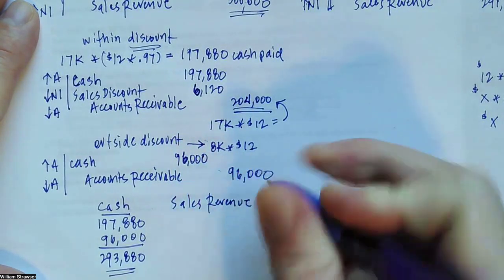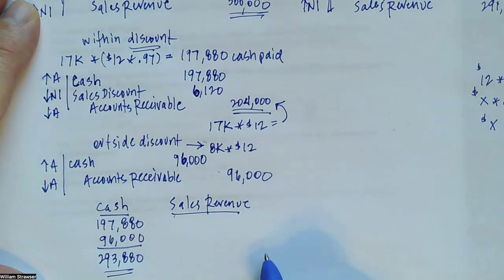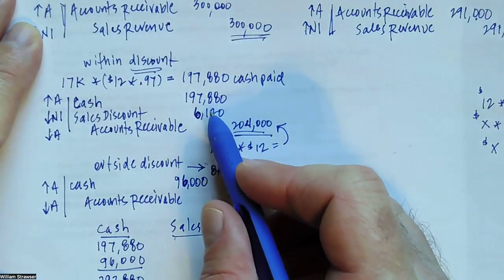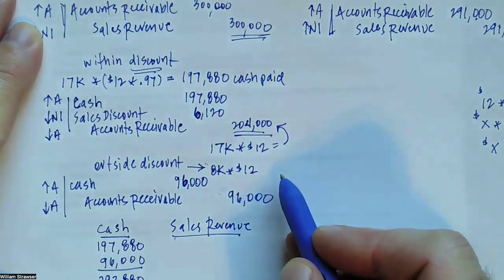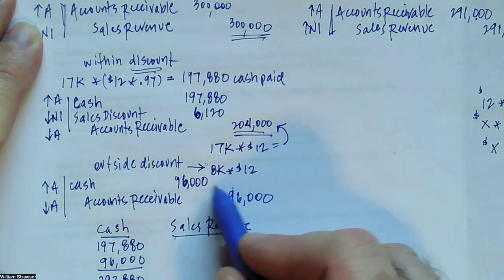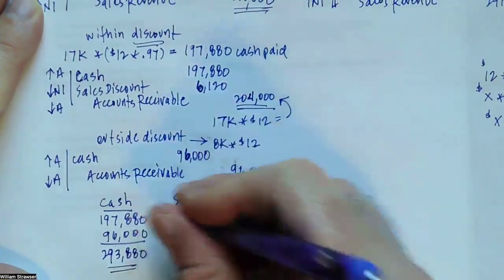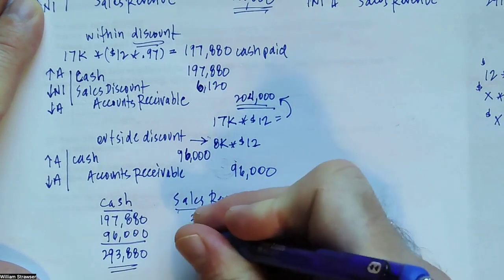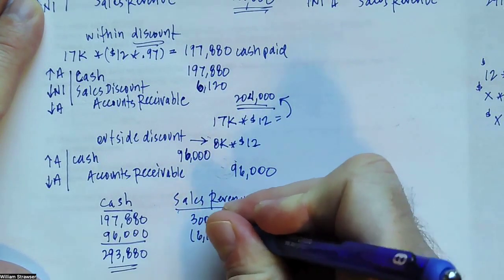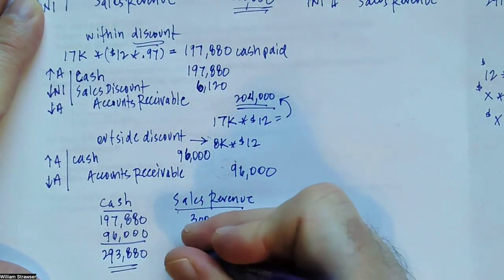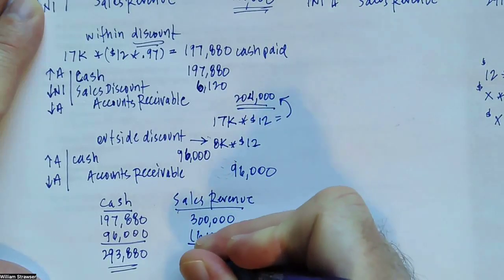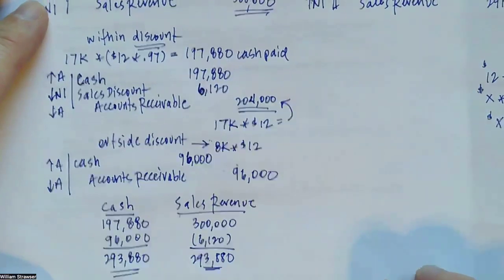Sales revenue started at 300,000, was reduced by 6,120, and no sales revenue issues going on here. Which gives me precisely $293,880 of revenue.